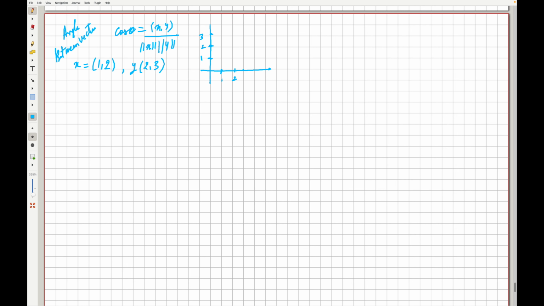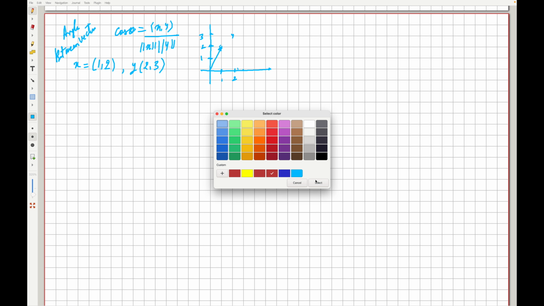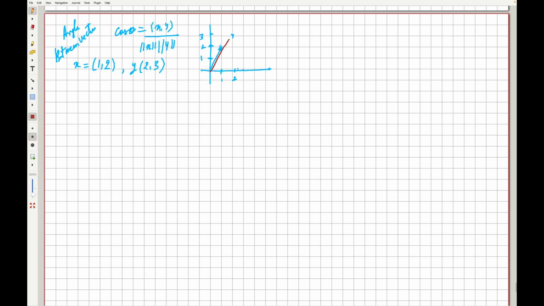Our (1, 2) vector would be somewhere here, and our (2, 3) vector somewhere there. Let's use a different color. We are trying to find the angle between these two. Not an exact drawing, but I hope you get the idea. To get the angle, we calculate the dot product between these two, which is the transpose of x dotted with y.